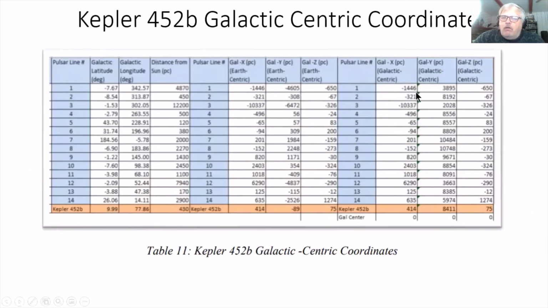So I plotted all those. One of the first steps was to determine where the pulsars are being seen from Kepler 452b. And you can see here's the galactic center coordinates for everybody. I added the Kepler 452b galactic center coordinates on the end of this.